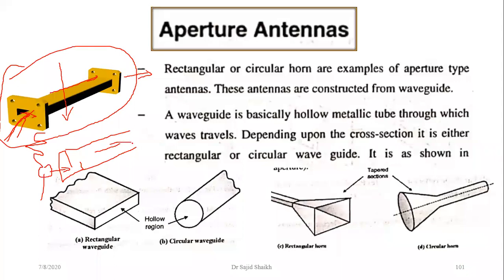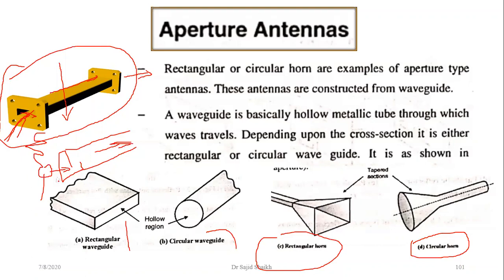What I mean is, if you want to give some direction to the electromagnetic waves, you can use such waveguides. These waveguides are available in different shapes: rectangular waveguides, circular waveguides, rectangular horn type waveguides, or circular horn type waveguides.